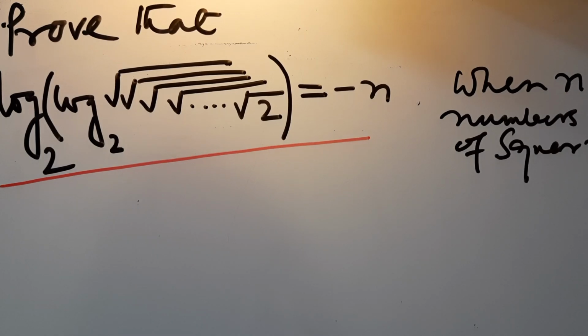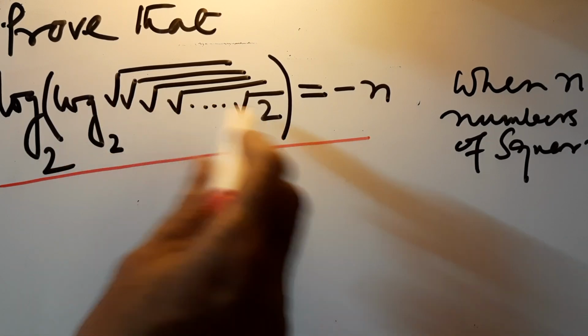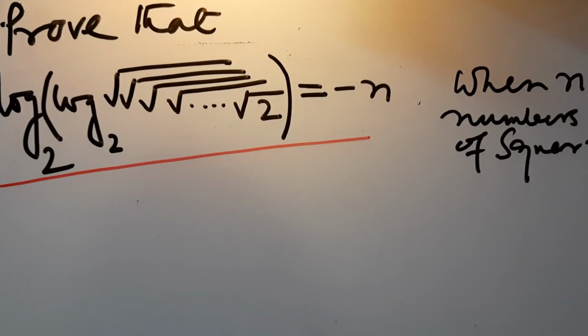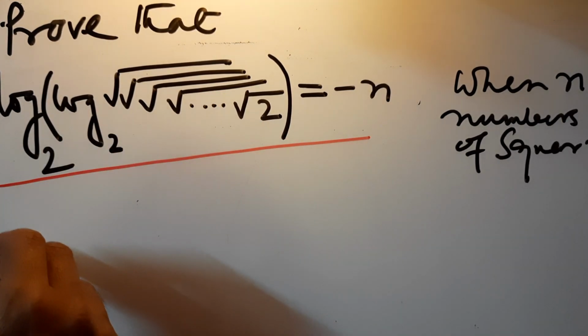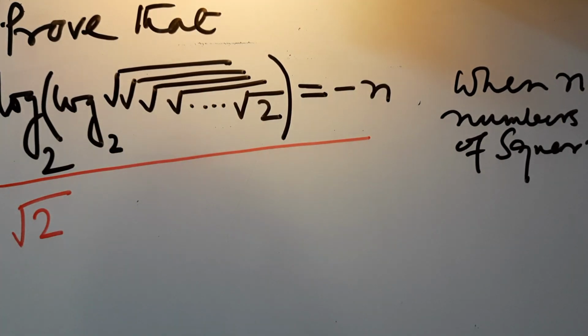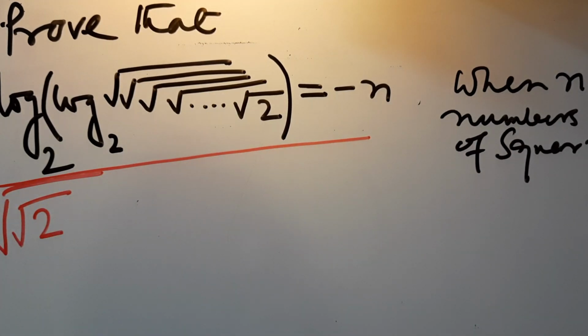Now we can simplify one by one. We are not sure how many square roots there are on the 2, so for example, let's say there are 2 square roots.